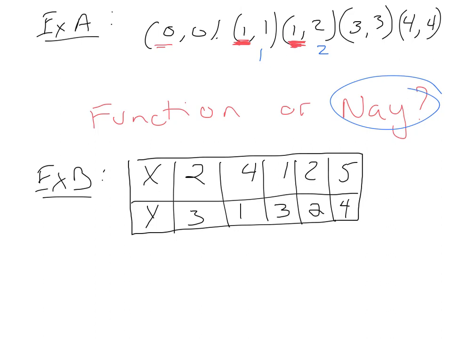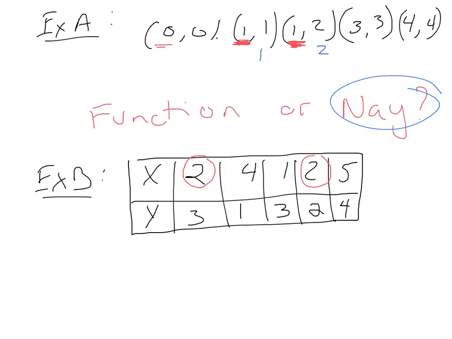Indeed. Let's look at the second example. Go ahead and see if you can figure that out on your own. The only time you have to be careful is when you have 2 of the same input. Because if one of these goes to a different number, then you don't have the definition of a function.